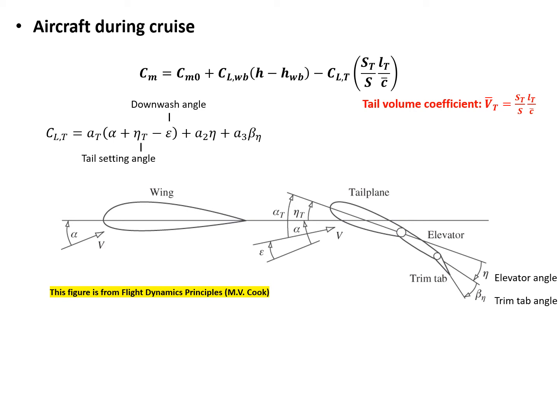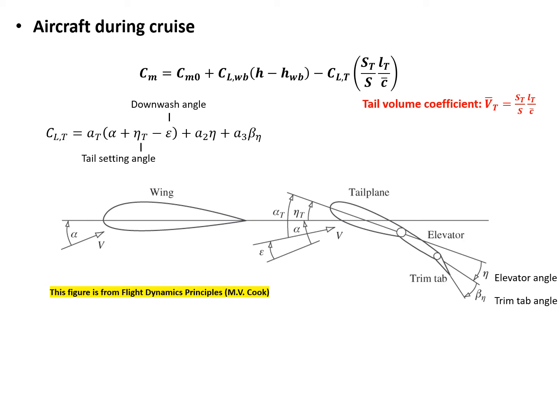A2 is a constant related to the elevator angle eta, and that's the contribution from the elevator angle to the lift coefficient. And the last is the trim tab angle times A3. Beta eta is the trim tab angle, so if you deflect the trim tab, that will also contribute to the lift coefficient. So you see the CLT is actually contributed by three components: the main tail plane, the elevator, and the trim tab.